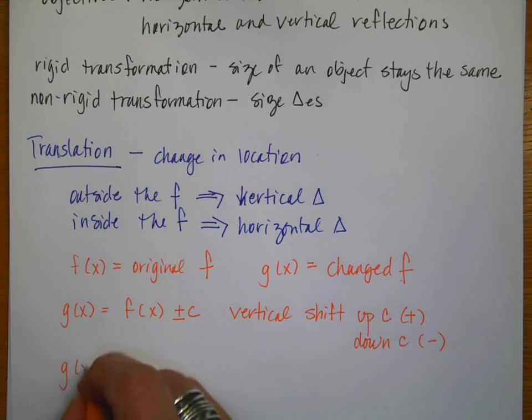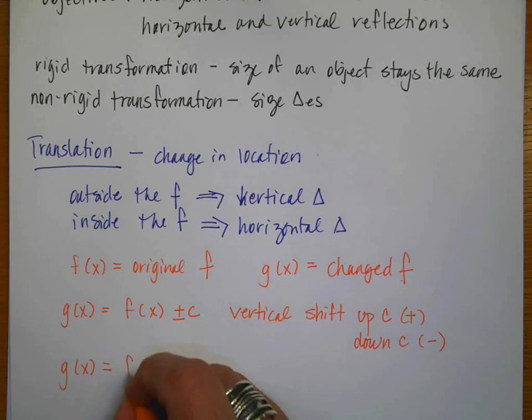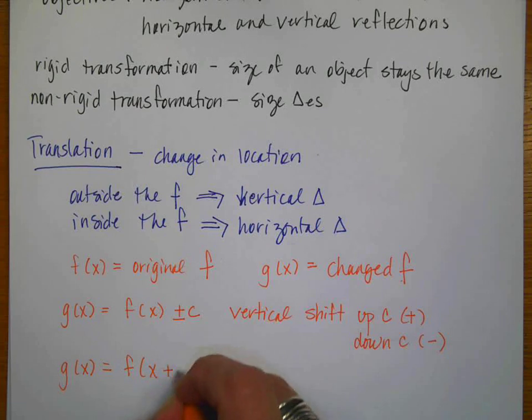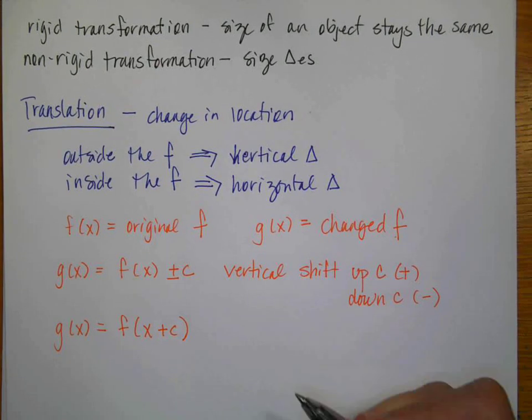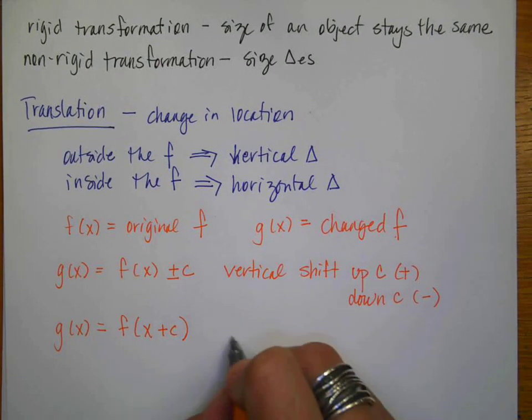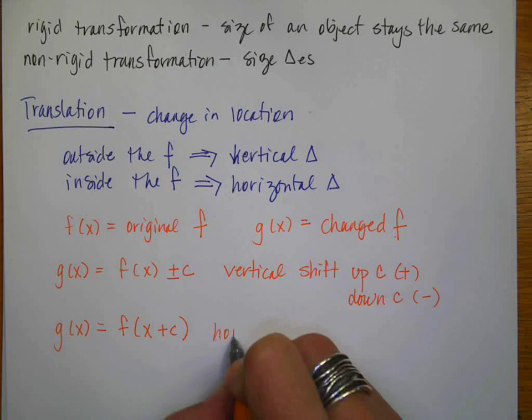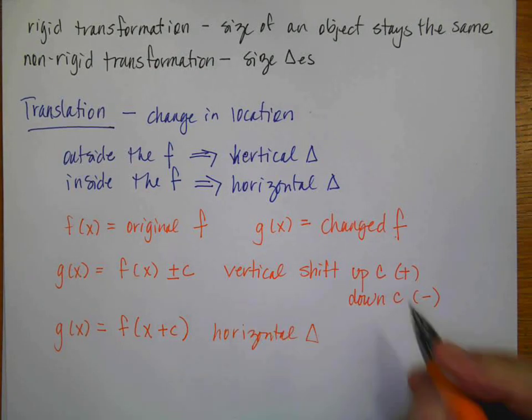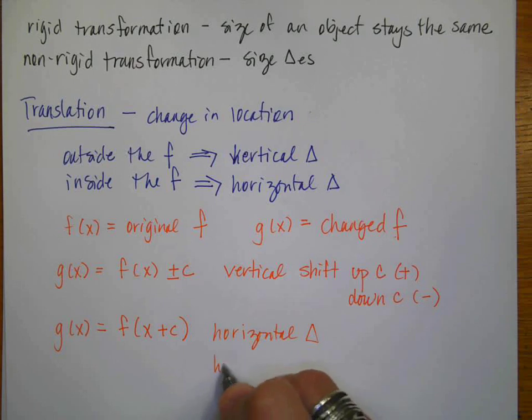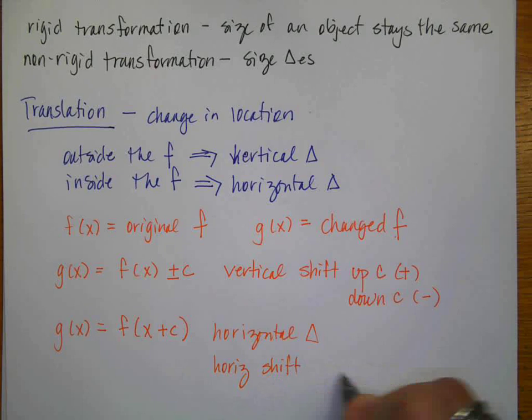On the other hand, if I had something that said g of x is going to be f of x plus c, notice the difference. Notice now that the c is inside the function, okay? So this would be a horizontal change, and this is going to be a horizontal shift to the left.